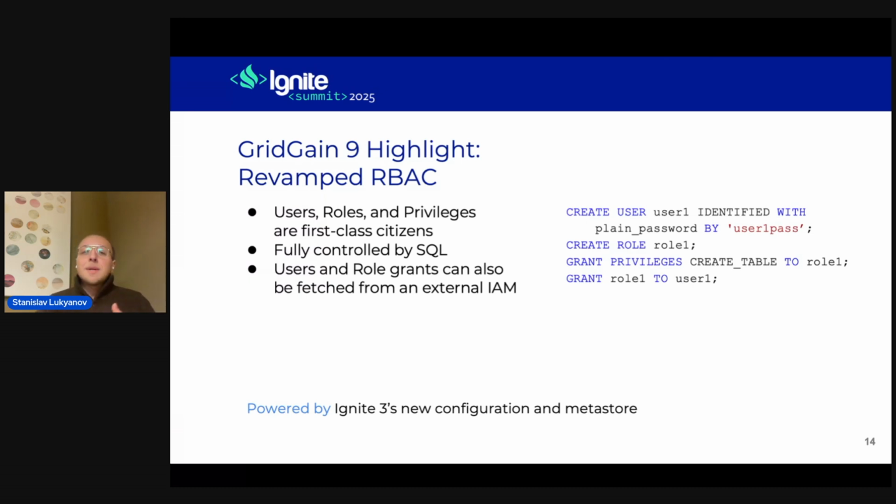And this dynamicity, this enhanced user experience is enabled by Ignite 3's new configuration framework and centralized distributed meta store that allows us to add again more dynamicity and change the configuration of things such as security and roll back on the fly on a running cluster.